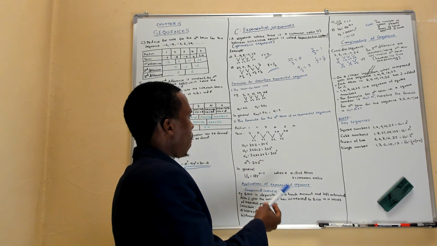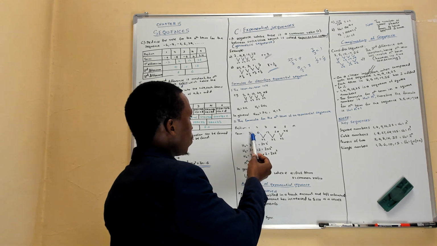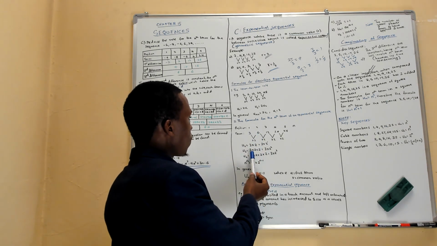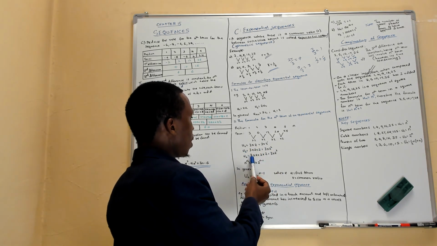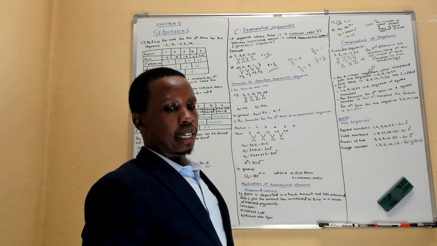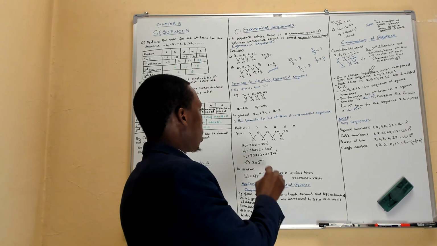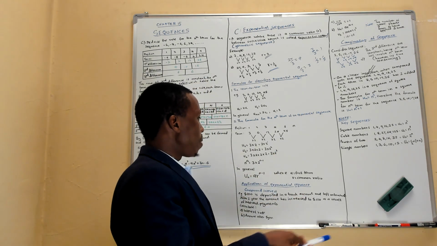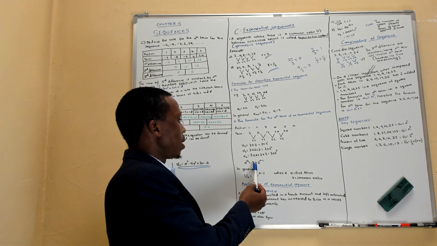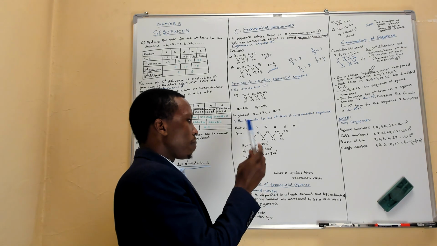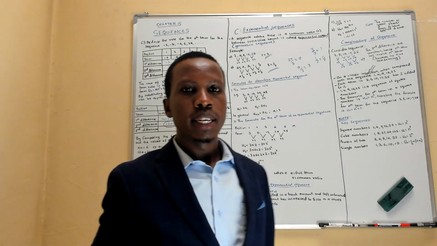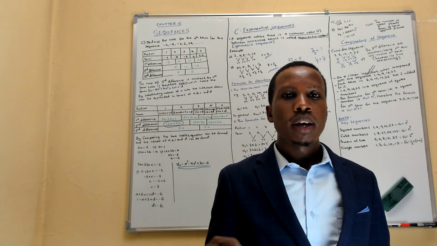Now, what is done to 3 to get 6 is 3 multiplied by 2. For us to get the third term, it is 3 times 2 times 2, that is 2 squared. Then for the fourth term, that is 3 times 2 times 2 times 2, so 2 cubed. So the nth term is 3 times 2 power n minus 1.